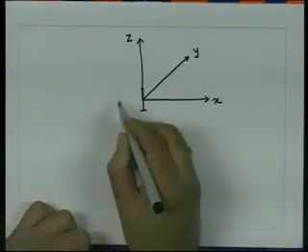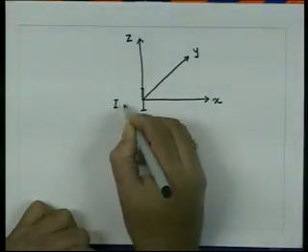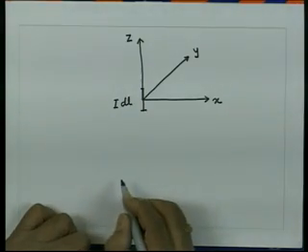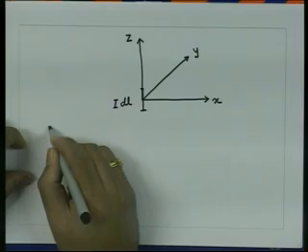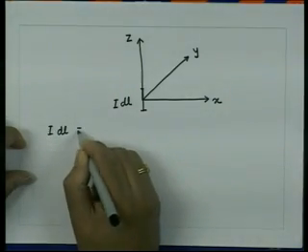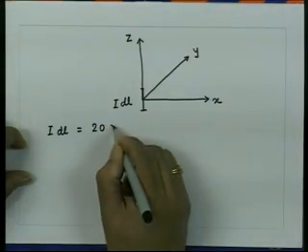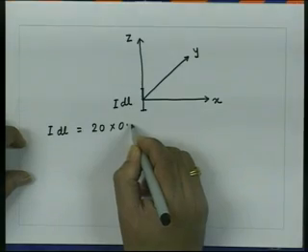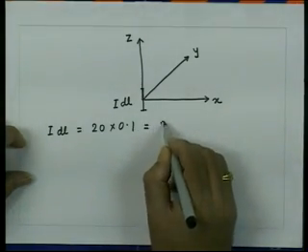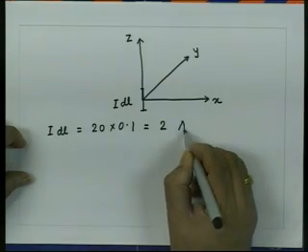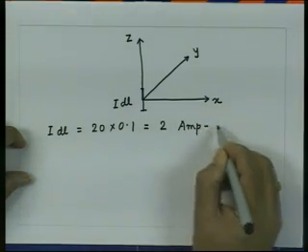So we have here I dl, and then this I dl for this problem will be 20 into 0.1, that is equal to 2 ampere meter.